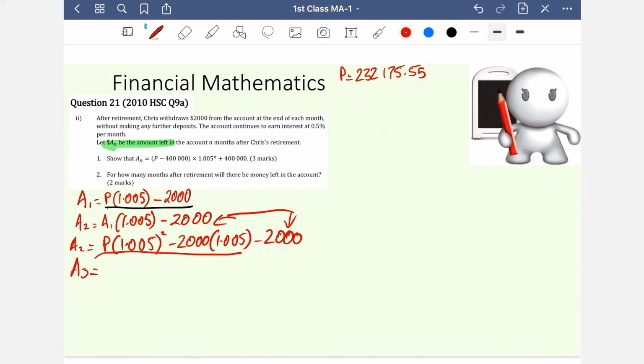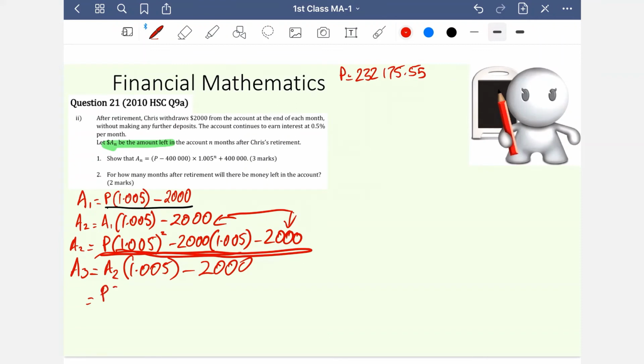A3. Well, it's whatever he's got in A2. He's going to earn interest on it, and then he's going to make a further $2,000 withdrawal. So now we take this statement here in A2 and we multiply everything by 1.005.